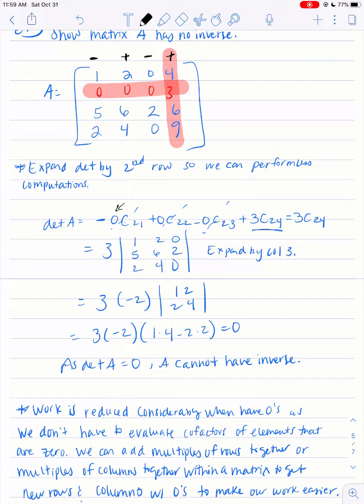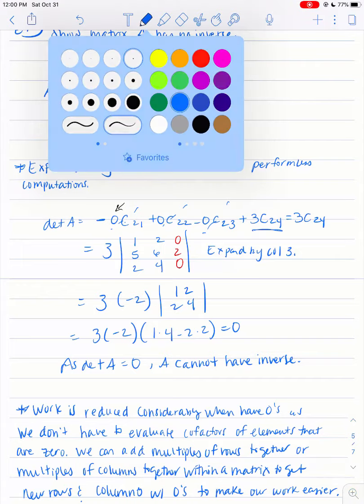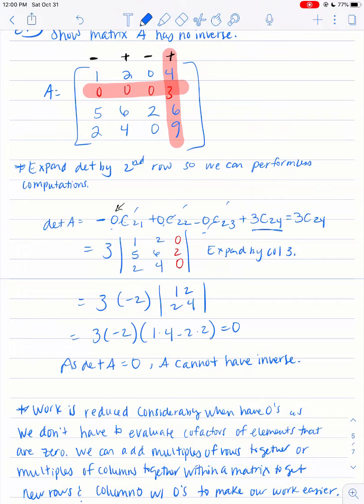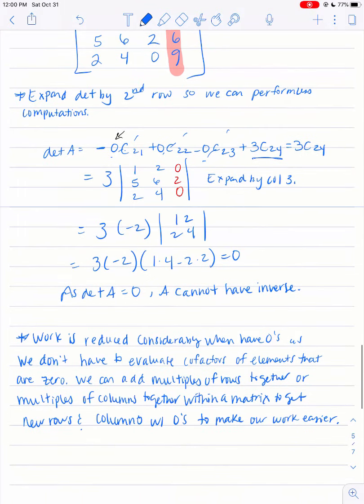But in order to use our AD minus BC, we need to have a 2 by 2 matrix. So I'm basically going to expand this matrix again, and this time I'm going to expand by column 3, because I have 2 zeros in that column, which would make doing the determinant easier.